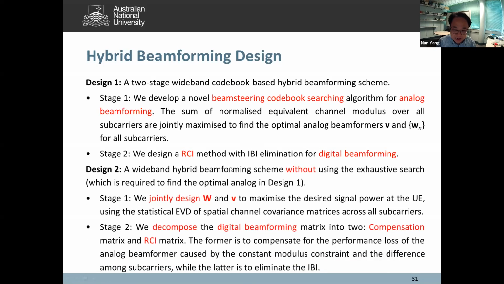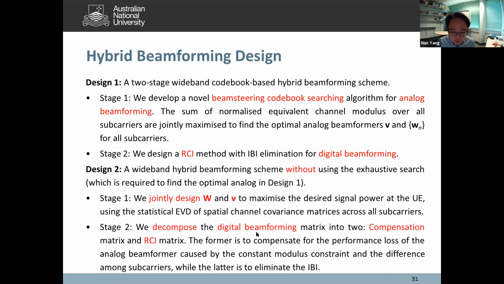For the second design, we try to avoid the exhaustive search in the analog beamforming of design one. So in design two, we first jointly design W and V to maximize the desired signal power, based on some simplifications.